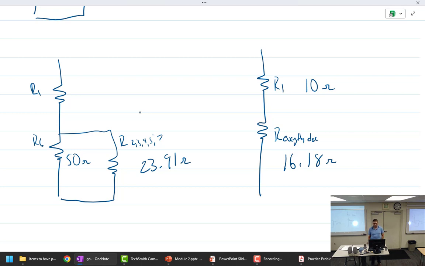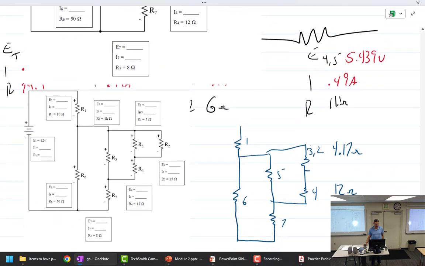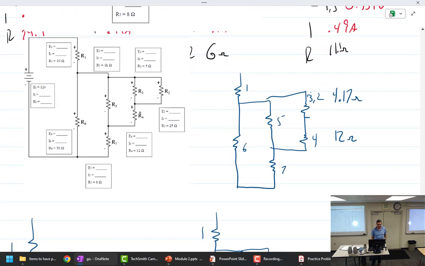So my total resistance is 26.18. Half the lead resistance.